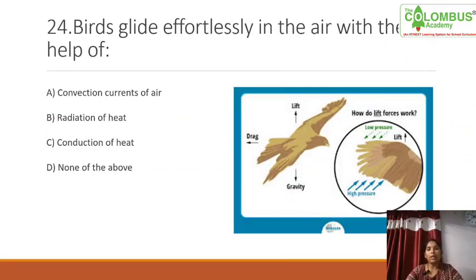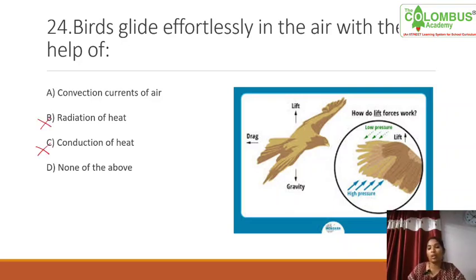Birds glide effortlessly in the air with the help of: A, convection currents of air; B, radiation of heat; C, conduction of heat; D, none of the above. Right? So radiation of heat, no. Conduction of heat, no. Now check the convection currents of air.